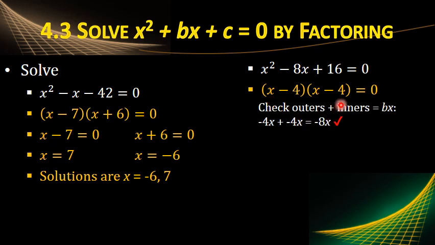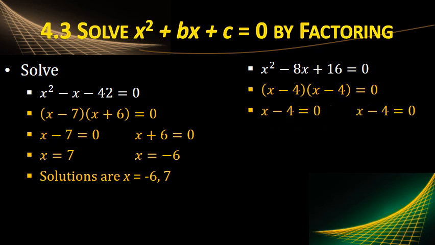The outers, negative 4x. Inners, negative 4x, makes negative 8x, which is what we're looking for. So that worked. Now take each factor, make them equal to 0. Yes, I know they're the same factor. Solve them, you get x is 4. So our solution is 4. Take that, check it by plugging it back in.